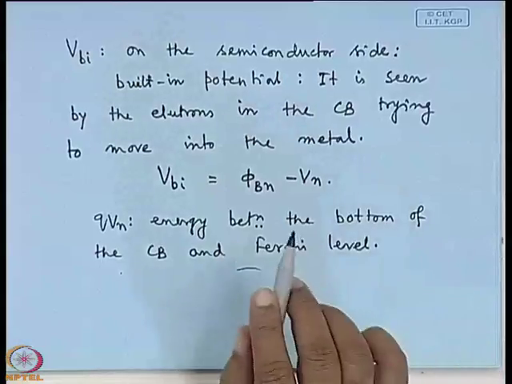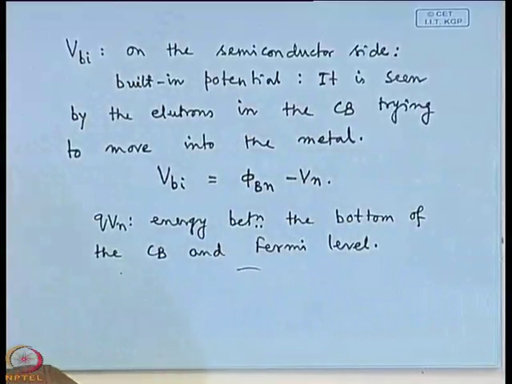So, this is very important consideration. That means, if you know the metal work function and electron affinity, you can calculate the barrier height, and if you know the barrier height and the position of the Fermi level, you can calculate the built in potential, right.